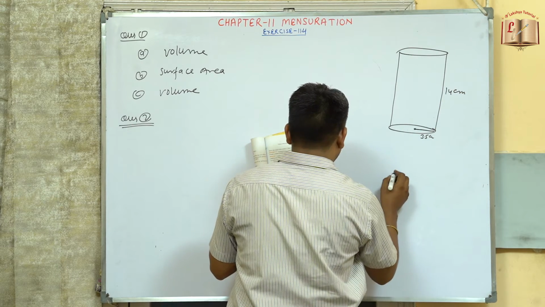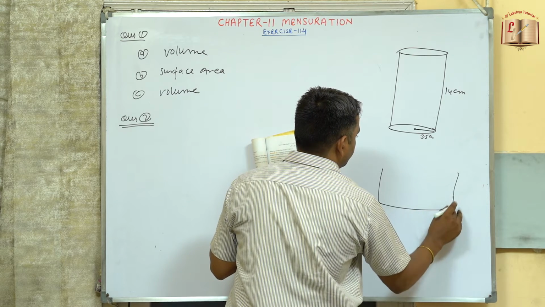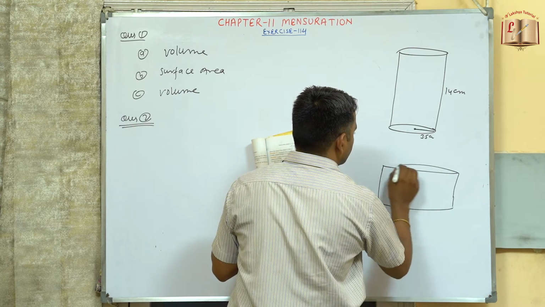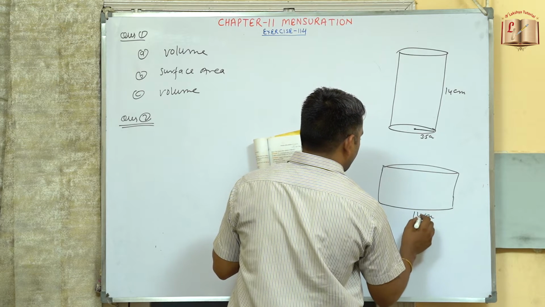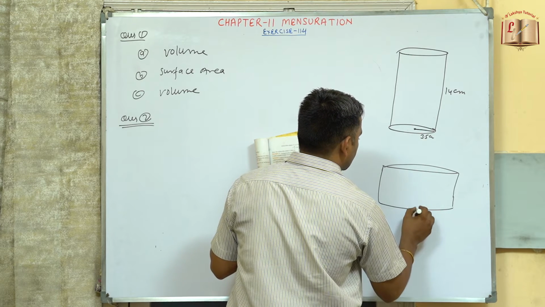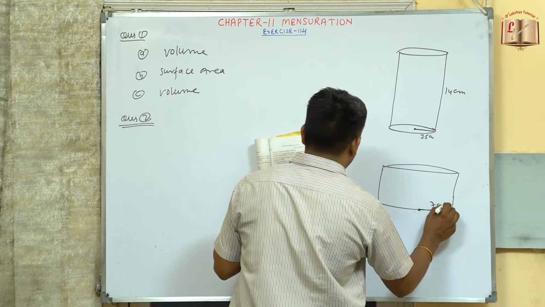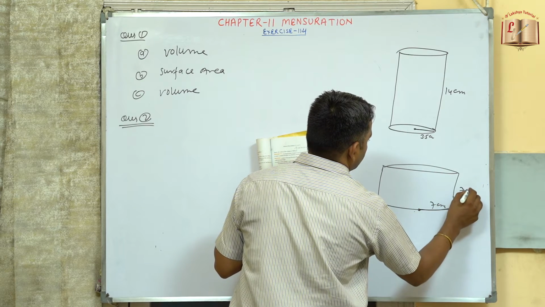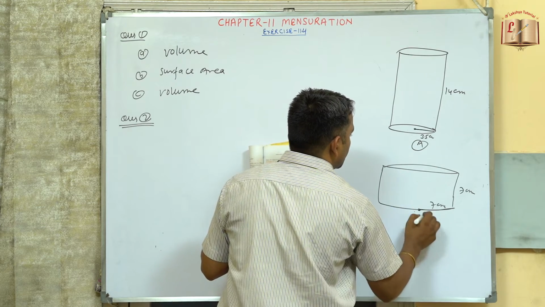Here cylinder B is given to us, and 14 centimeter is the diameter. So the radius becomes 7 centimeter and the height is also 7 centimeter. This is A and this is B.